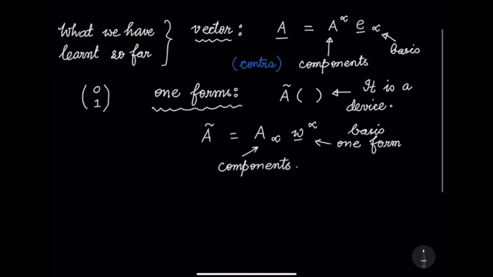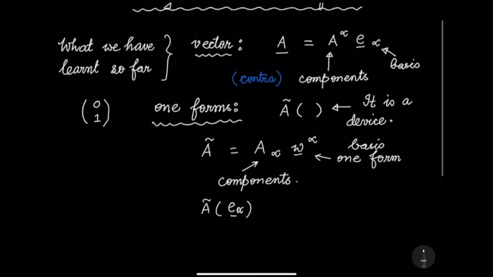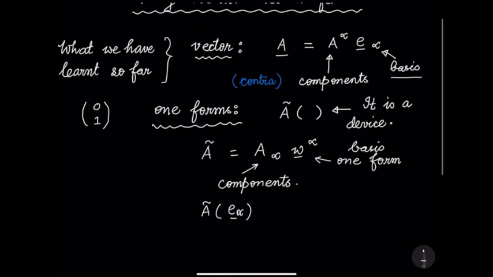How do I get the components from the one form? Remember that if I just put the basis vectors into the one form, that gives me the components. And we got this relation.